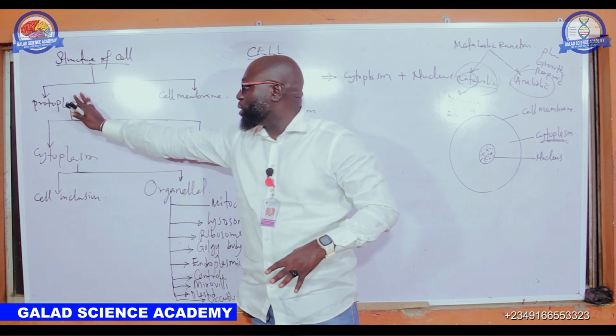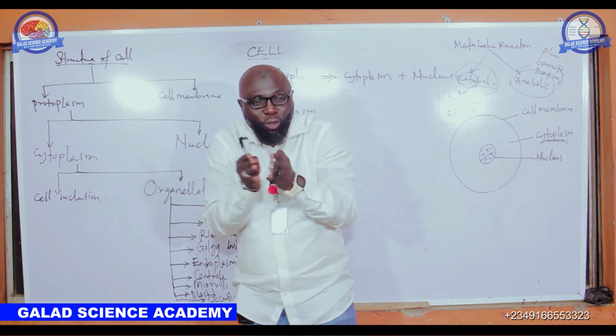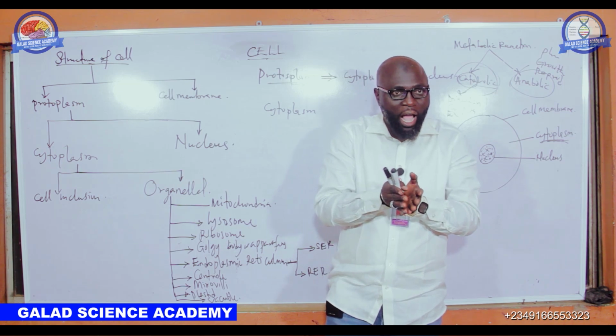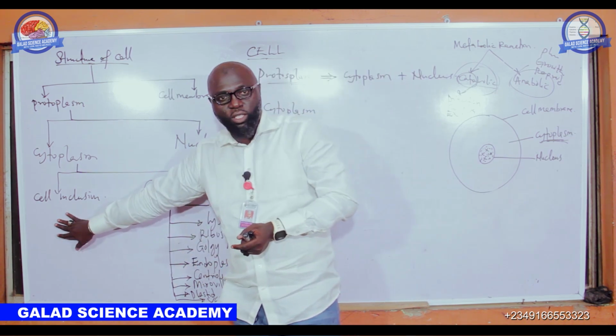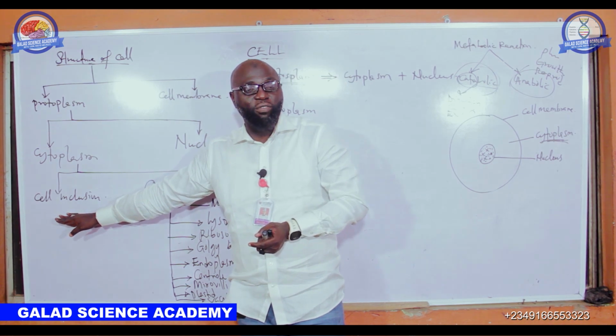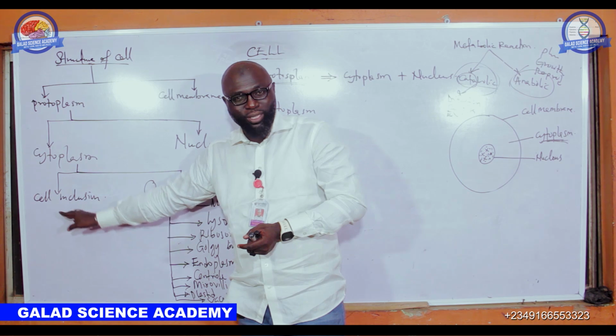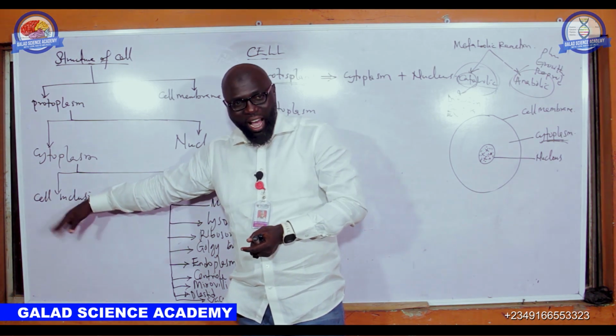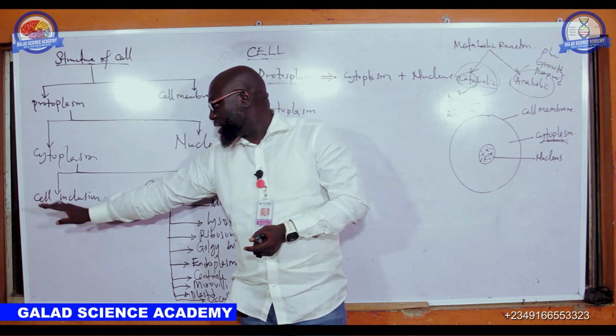Protein, for example, is a living part of the cell, but we have some parts of the cell which don't have life. And that part is called cell inclusion. Examples of cell inclusion are lipid, protein, carbohydrates, and other substances.